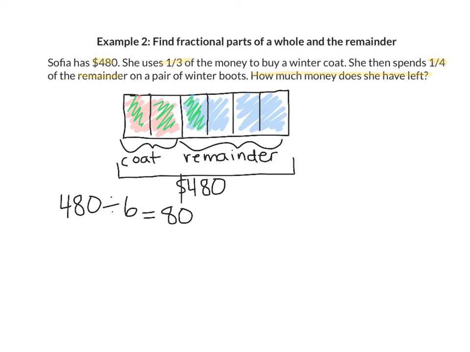Therefore, based on our model, 3 out of the 6 units was spent, and so she has 3 units left.